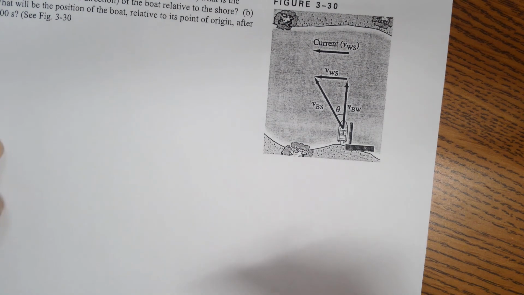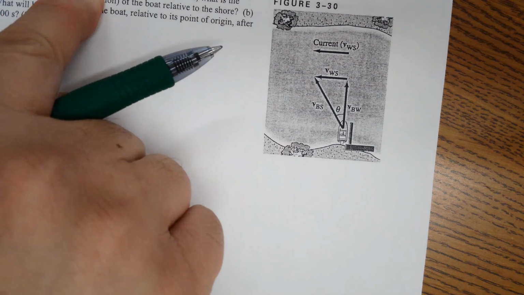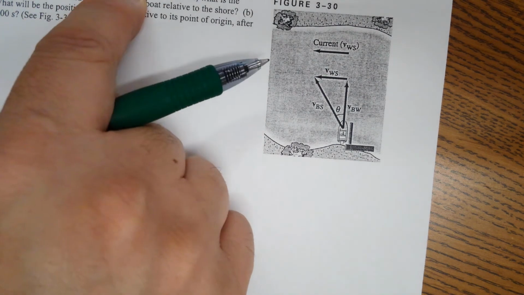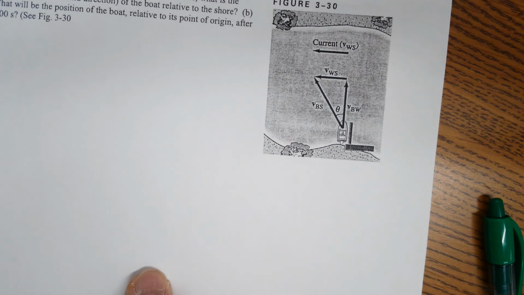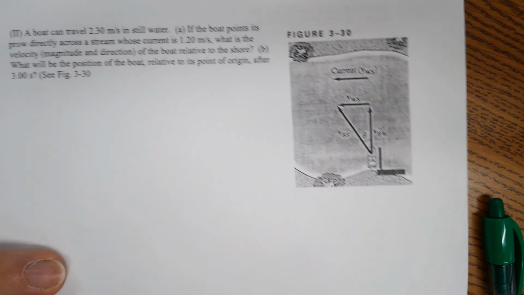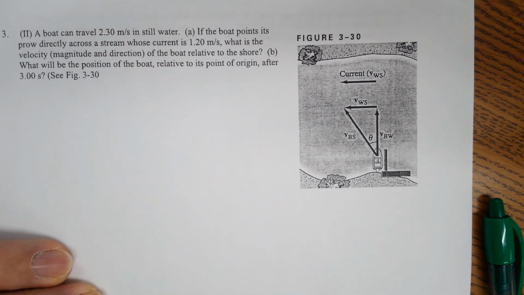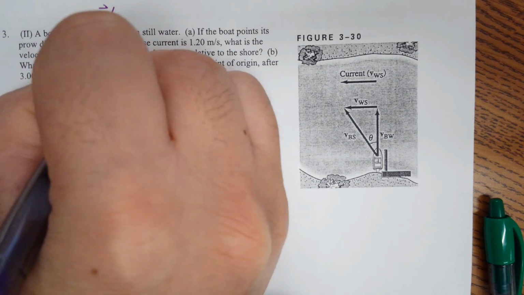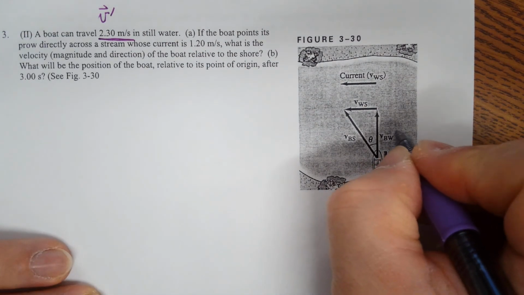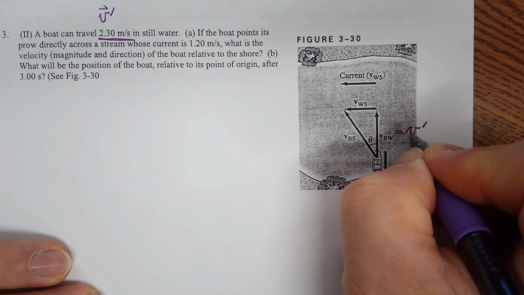So here we go. A boat can travel 2.3 meters per second in still water. So which V is this? V, V prime, or U? Still water. V prime is correct. That's my V prime, which is this.